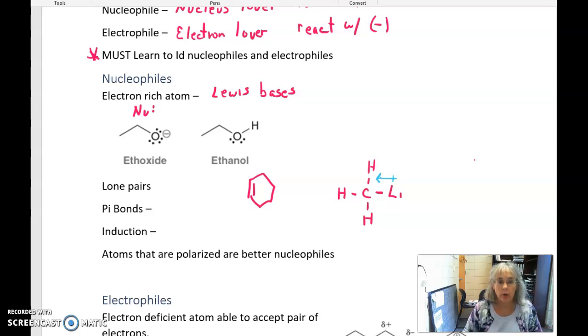So atoms that are large make better nucleophiles. If you're comparing sulfur and oxygen, sulfur is larger and it's more polarizable because it's larger. And it's a better nucleophile because of these factors.